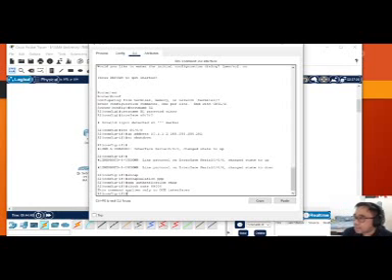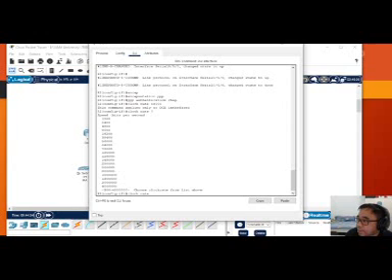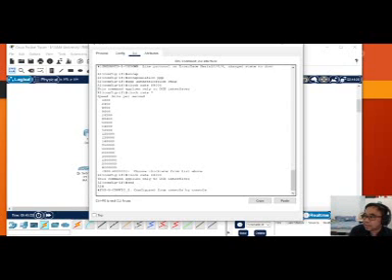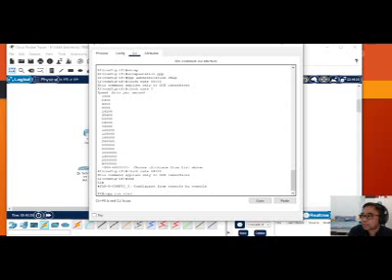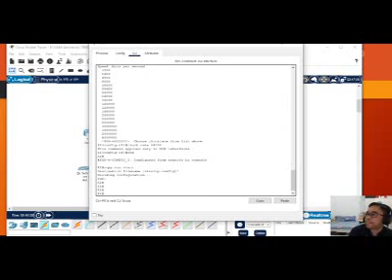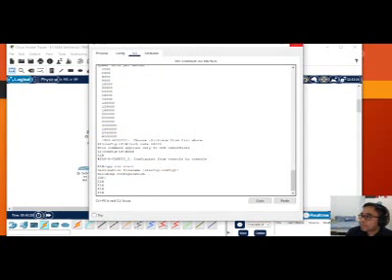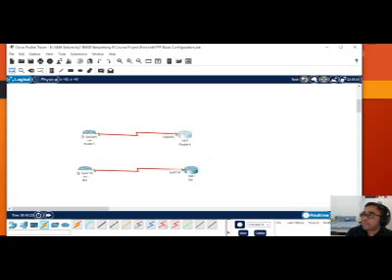Why is it showing like this? This clock rate. Choose the clock rate from the list above. I don't know what's wrong. Let's try copy start. Let's wait for some time. Failed.